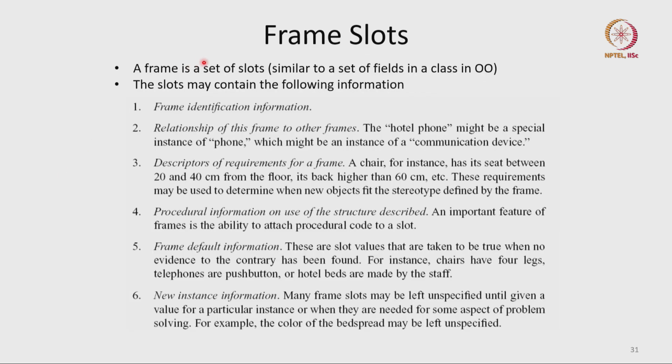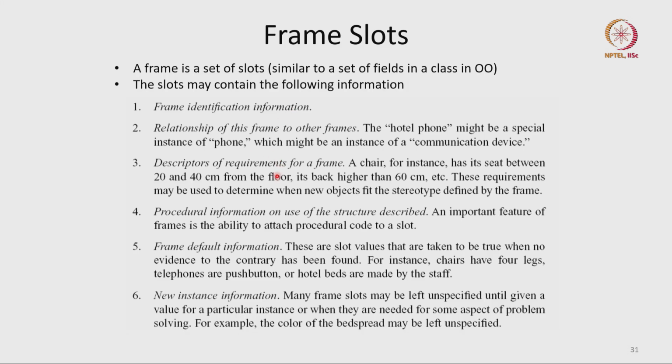So, what are the slots in the frame? Okay, a frame consists of a set of slots, okay, and the slots will have all this information. First of all, the frame identification information. So, it will have an ID and the relation of this frame to other frames. For example, if we are talking about a particular, say, phone 1 which is in the hotel room, right, it will be connected to the instance of phone, okay, which will tell you what a phone is.